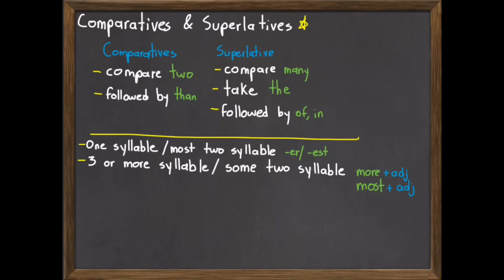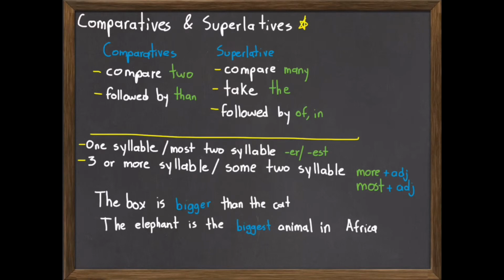So let's look at a quick example. The box is bigger than the cat. Here we're comparing two things, the box and the cat. And we know that the box is bigger than the cat. Okay? So in the second sentence, we're talking about the elephant and animals in Africa.